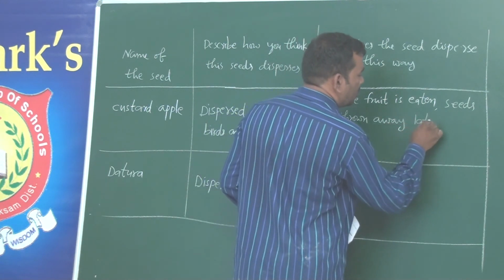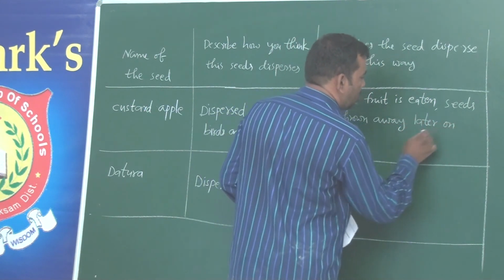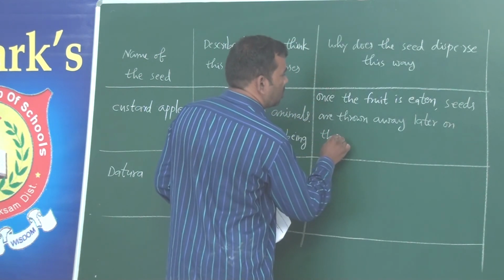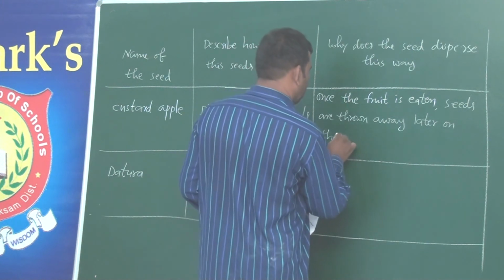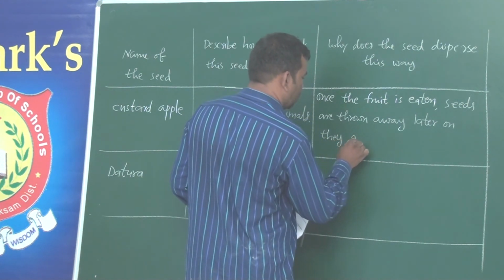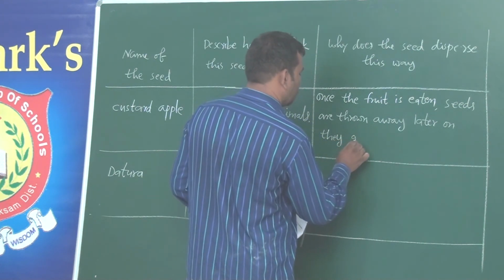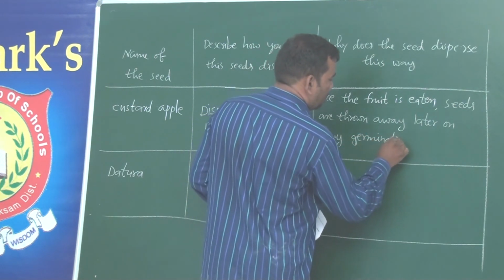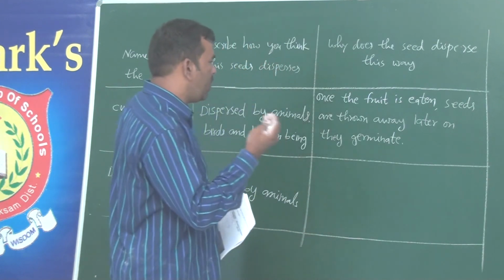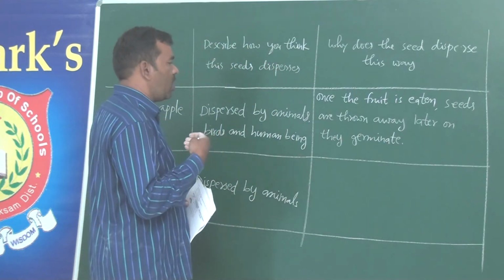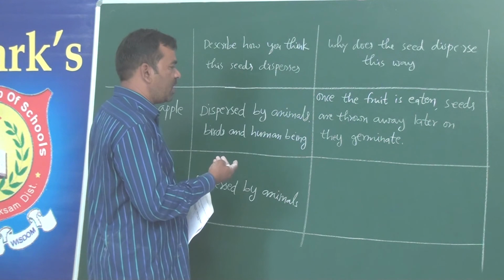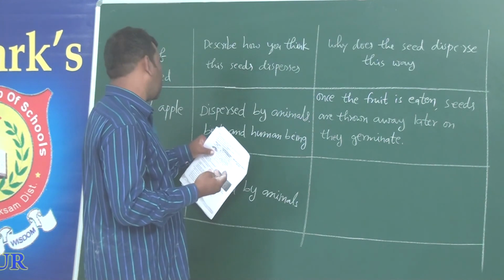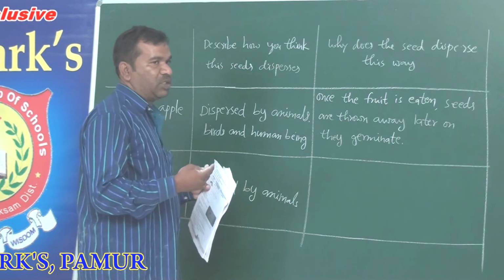Later on, understand? When we eat the custard apple, most animals such as monkeys and other things, birds also they eat custard apple, and human beings we also eat it.